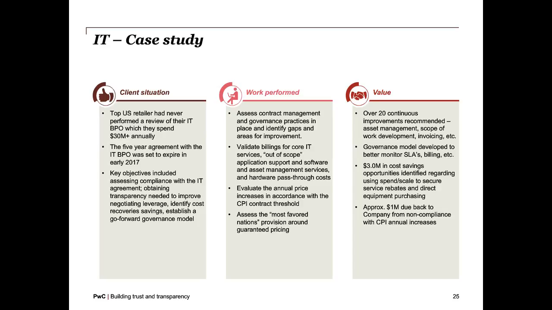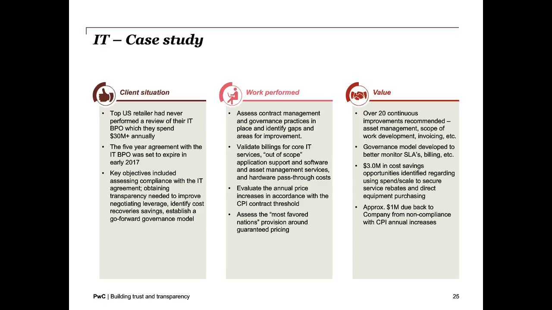The approach that was taken was very much similar to the one that we laid out at the outset with that dual-sided coin. Look inwardly at governance and management processes and controls, but then look outwardly at the third party to validate billings of IT services, core and non-core, the specific CPI price increases embedded in the agreement, and the ever-popular most favored nations provisions that many times exist in these contracts, as well as large BPO contracts where it's a challenge to get reporting and transparency.